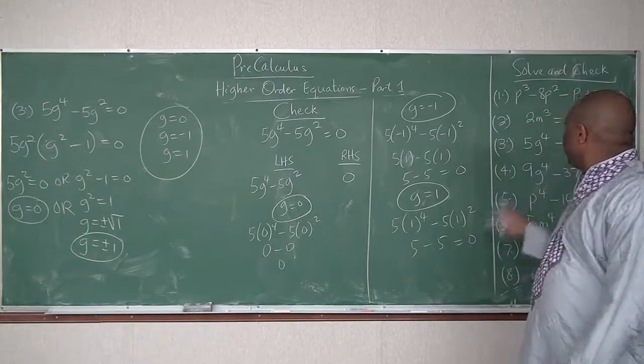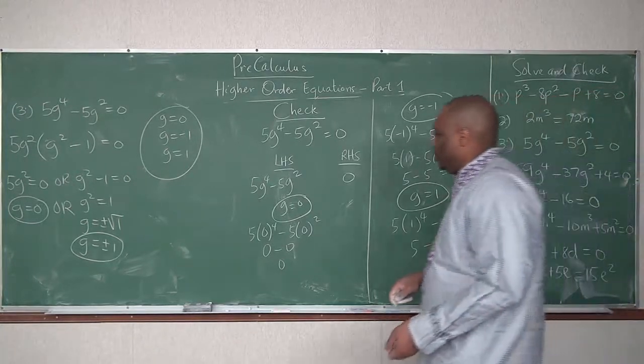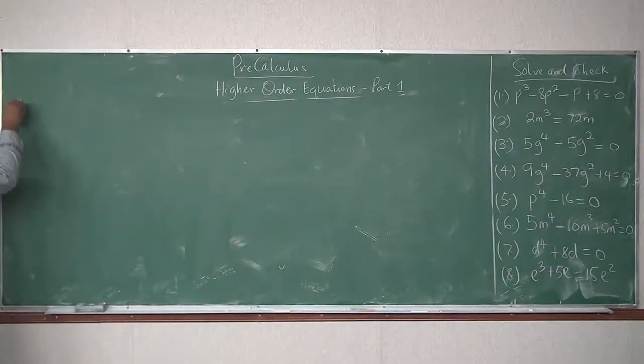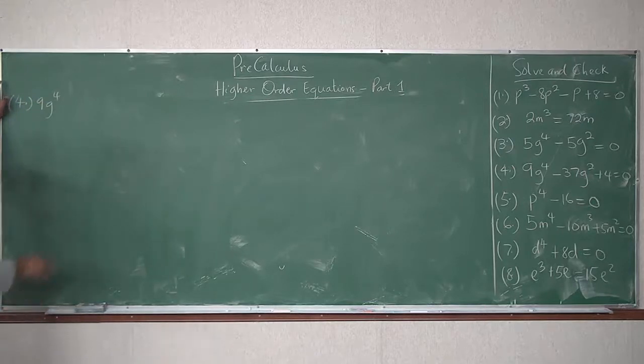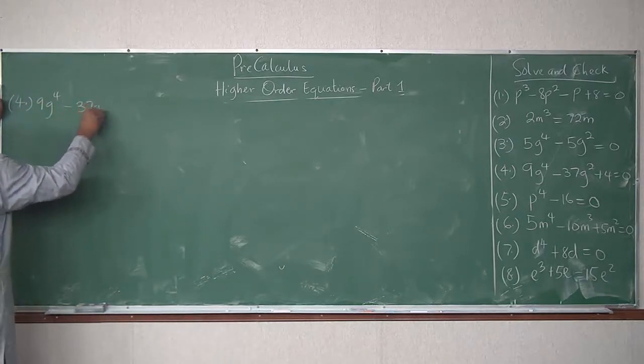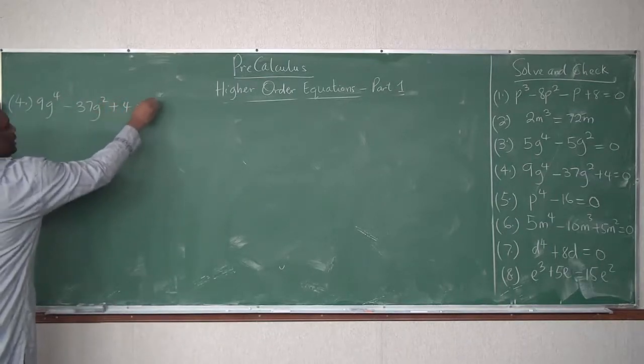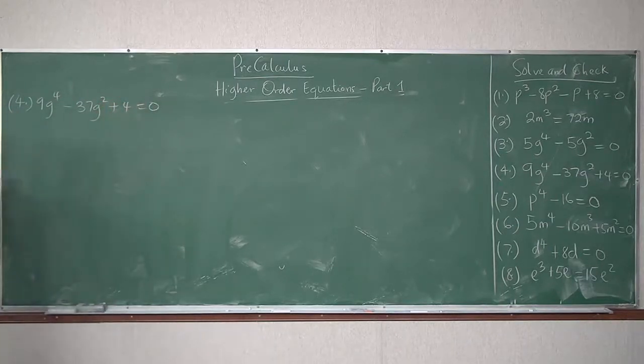Alright, question 4. You have 9g^4 minus 37g squared plus 4 equal to 0. The left hand side is a trinomial, but it is still incomplete.